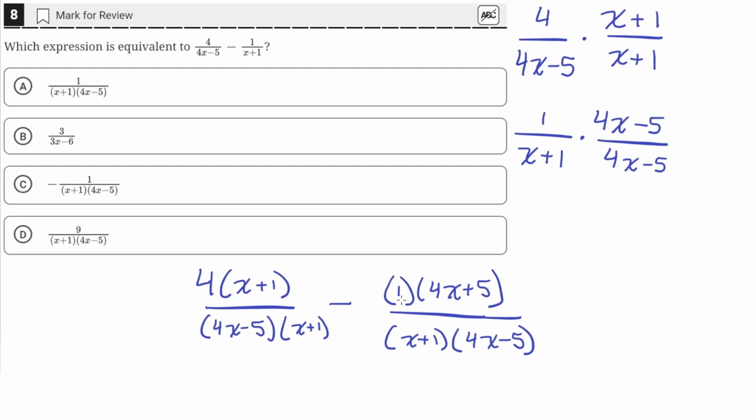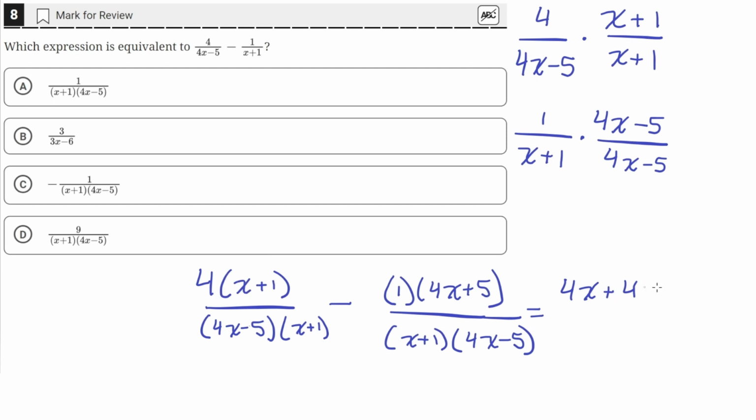And then the numerator for this term over here was just the 1 times the 4x minus 5. Okay, so now they have the same denominator. We can just subtract the numerators. So we'll be left with 4x plus 4, if we expand out, distribute this 4 to the x and the 1.